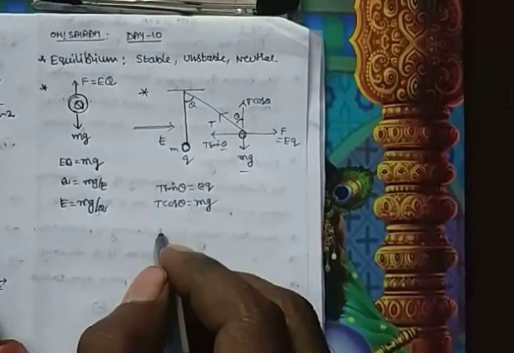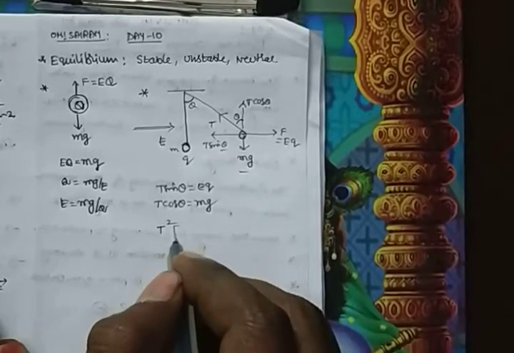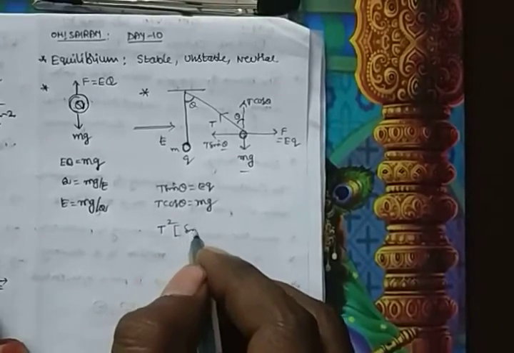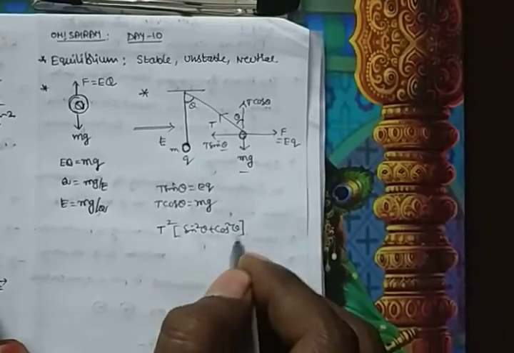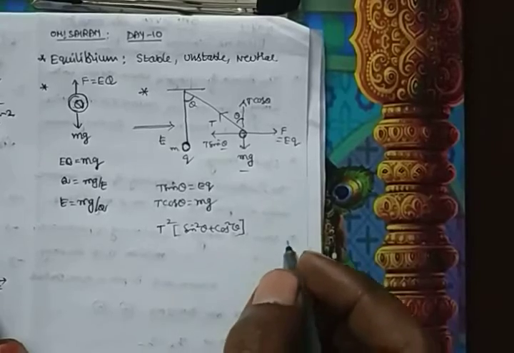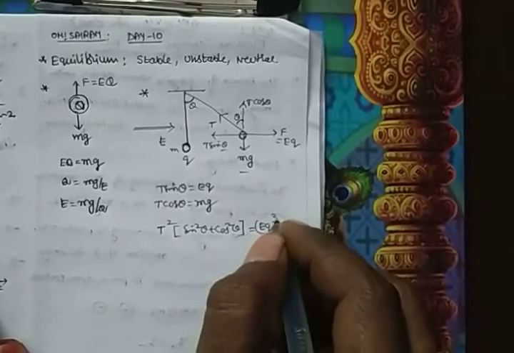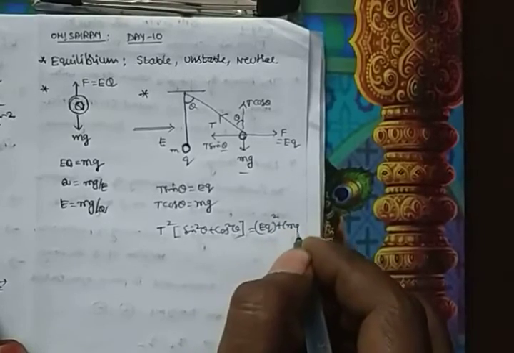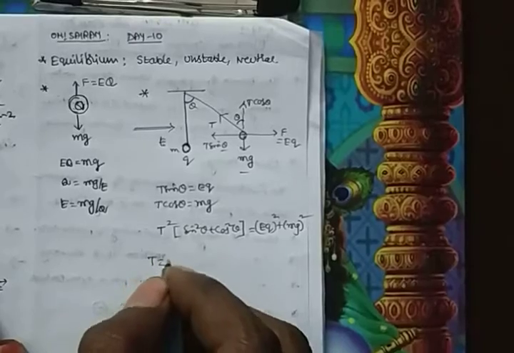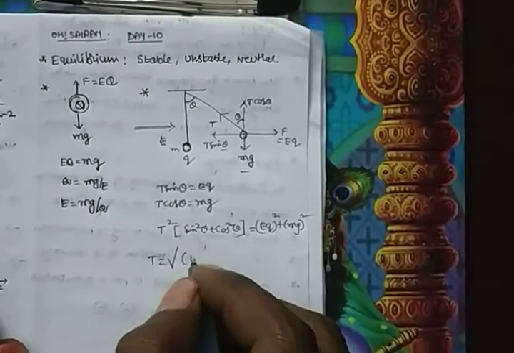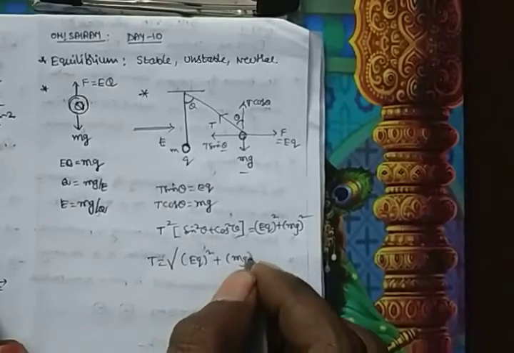Now to find the tension, squaring on both sides, you will get T square multiplied with sin square theta plus cos square theta, equal to EQ whole square plus mg whole square. So T equal to root of EQ whole square plus mg whole square.